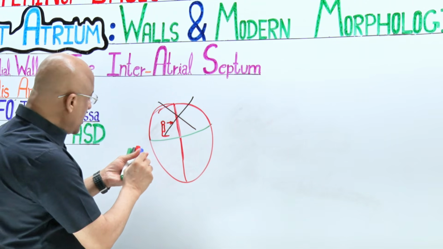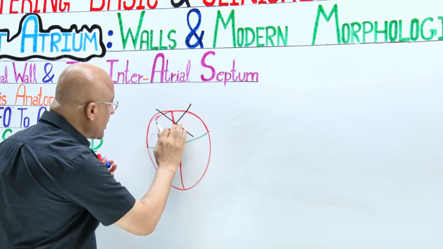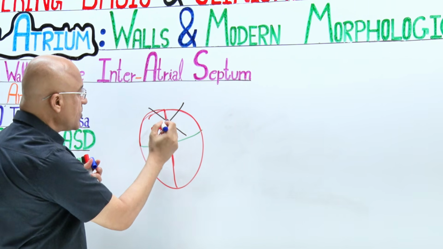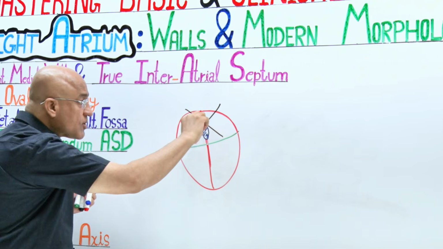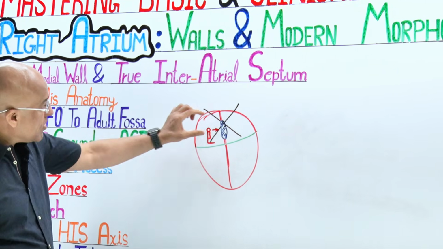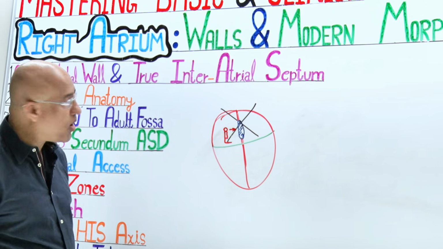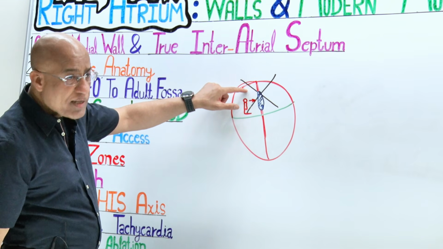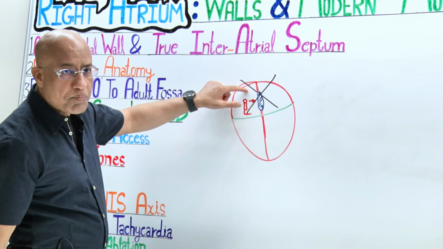I will explain what the fossa ovalis is. Let's suppose the fossa ovalis is only this region, then only this region is the interatrial or septal wall.